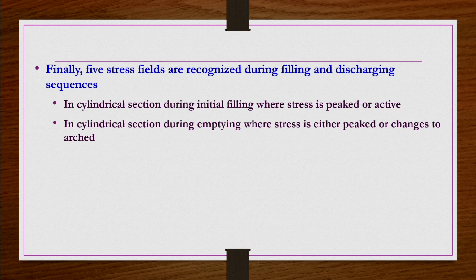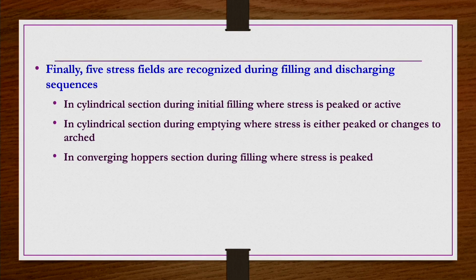Because of that, the switch over from active to passive takes place, so some of the peaks may not be active, but are arced even in the cylindrical section while emptying the column, while drawing out the solids.